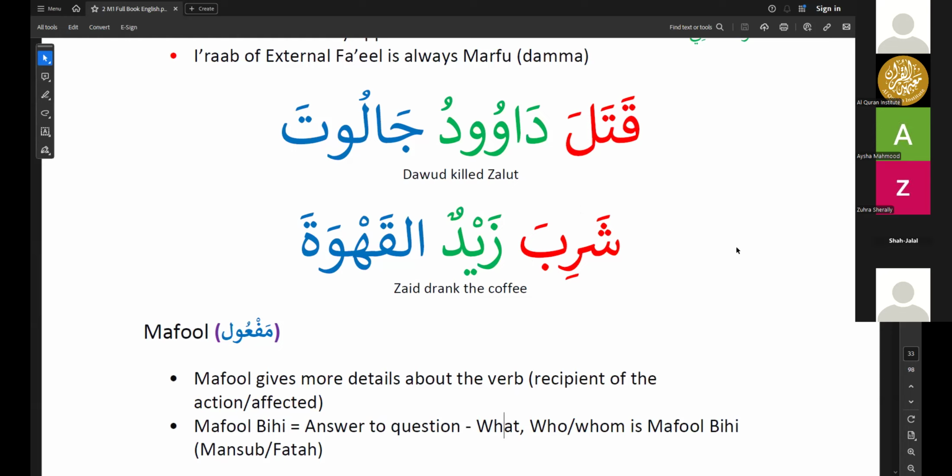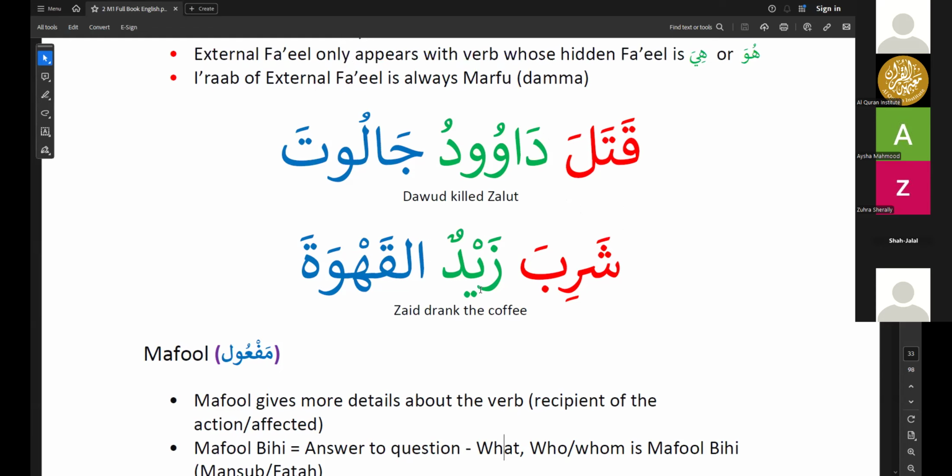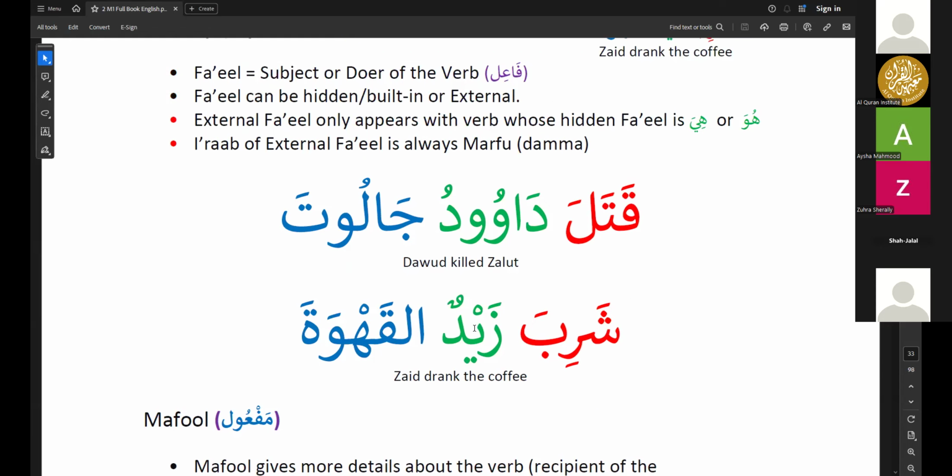Since the sentence started with a fi'l, we call it Jumlatul Fi'liyyah, or verbal sentence. Shariba is a huwa form verb, so we are expecting an external fa'il, which is Zaidun. The external fa'il should have dhamma, and the last letter has dhammatain. We called this i'rab. So the i'rab of an external fa'il is marfu, or dhamma, or rafa in brief.